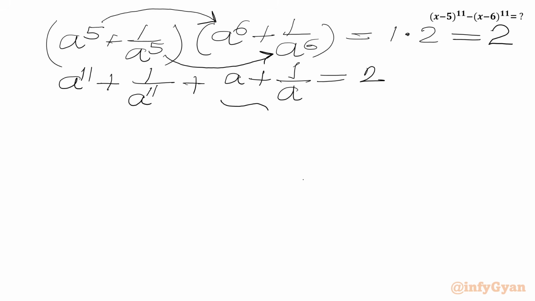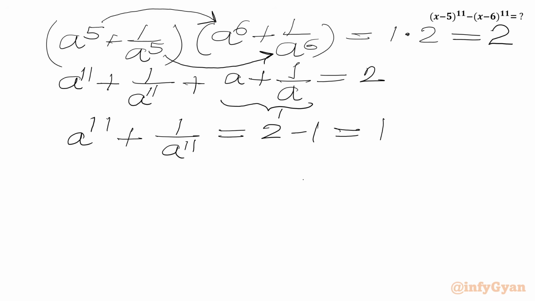A plus 1 over A, this is 1. So we are getting A power 11 plus 1 over A power 11 equal to 2 minus 1. Value will be 1. And this is our required expression E. So we will write our required expression E will be equal to 1.